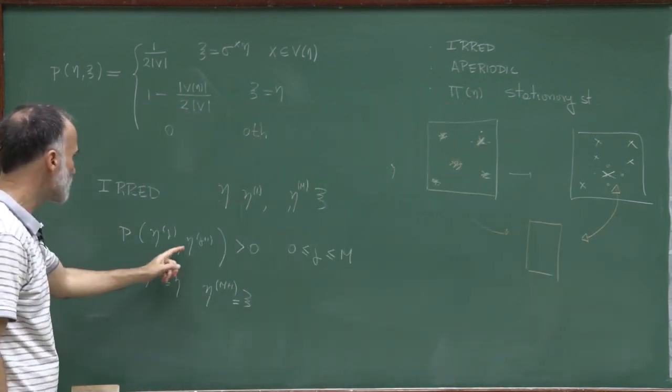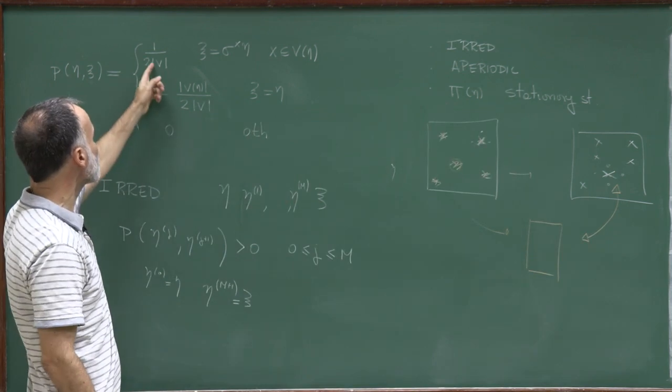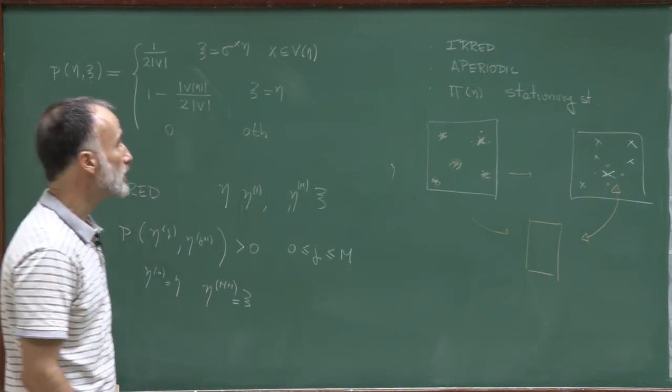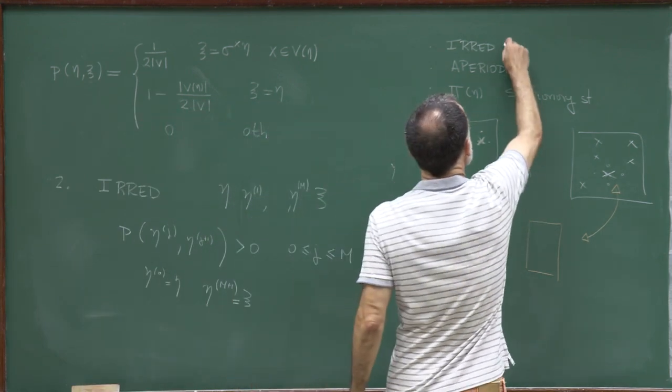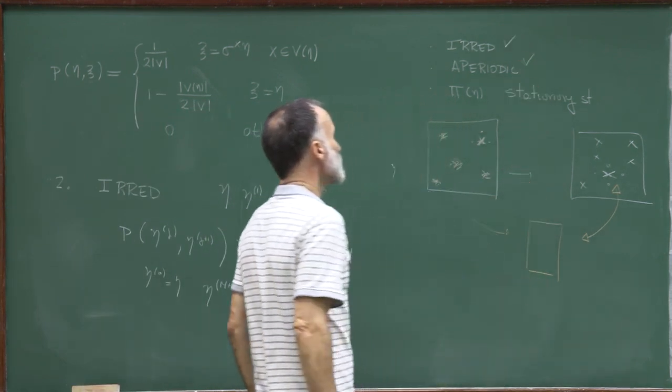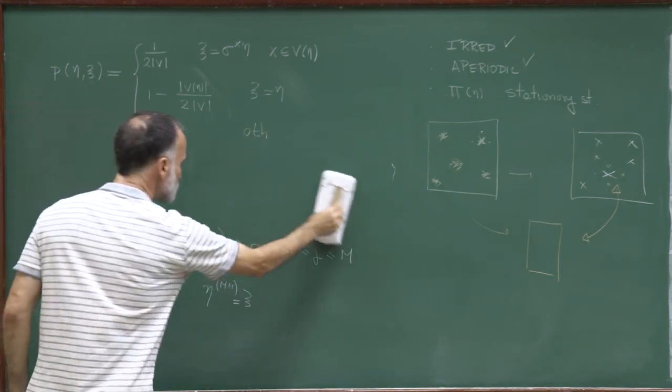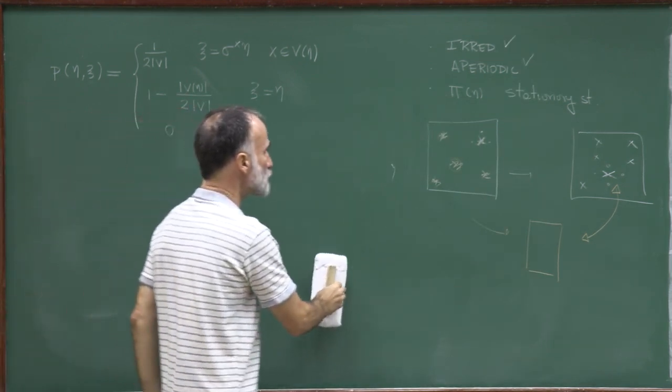So it's clear that these probabilities are all equal to 1 over 2V, and therefore that this chain is also irreducible.